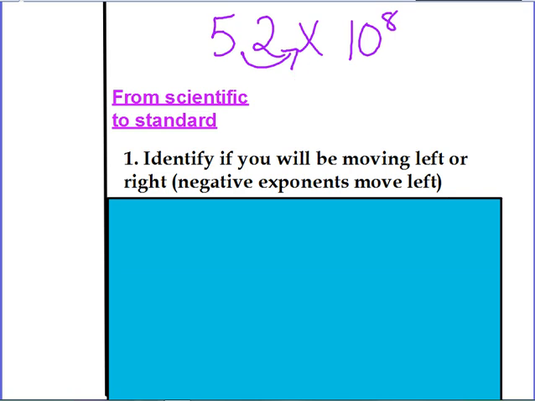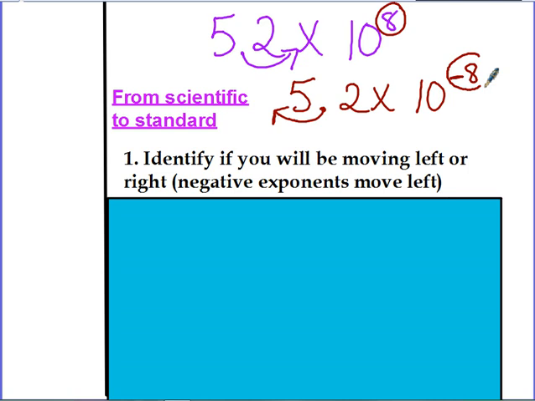However, if you have a negative power, let me give you another example. If you have a negative power here, your decimal point is going to move left. So be very careful. Positive moves your decimal to the right, negative to the left.